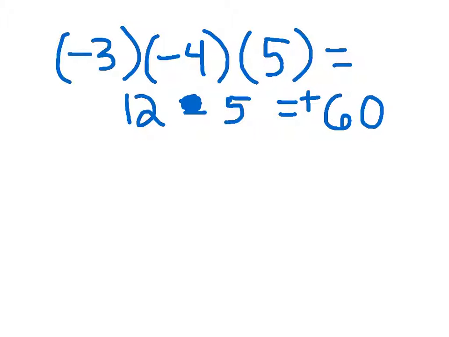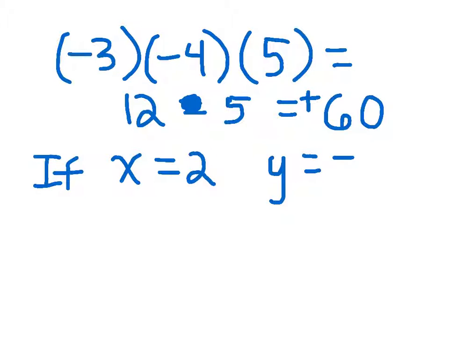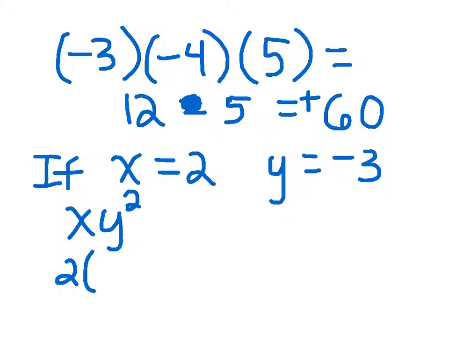Okay, finally, we're going to evaluate where x equals 2 and y equals negative 3. I'm going to do a couple of problems. What is x times y squared? Well, as you know, you must show replacement first. So 2 times negative 3 squared.